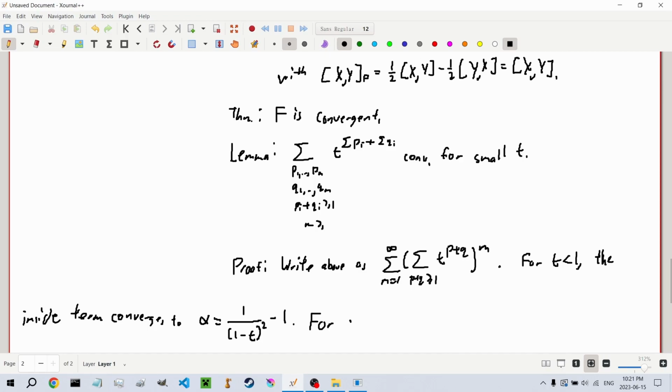For small t, alpha is then going to be less than 1. You can work out what the value of t would have to be there. Then, of course, the sum of m equals 1 to infinity is going to work out to be alpha to the m, which as we know is 1 over 1 minus alpha, will converge when alpha is less than 1.